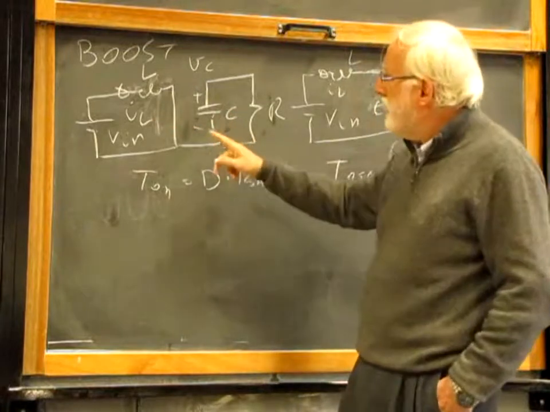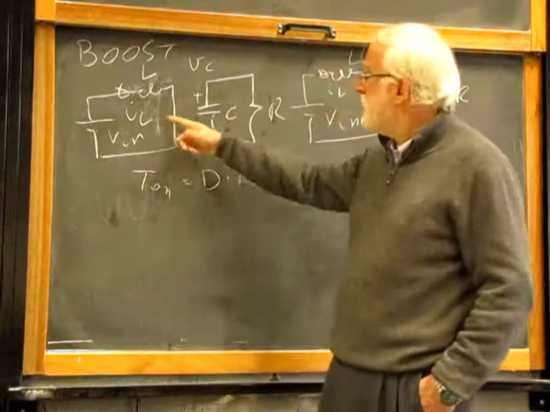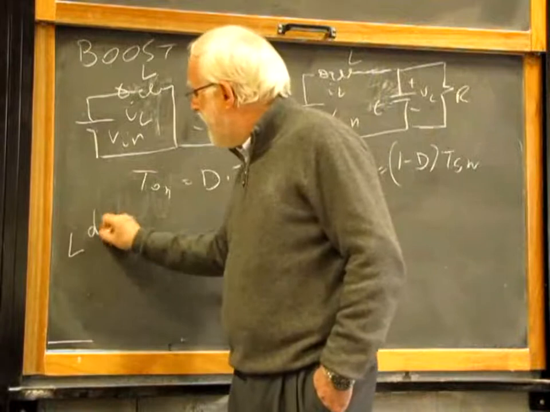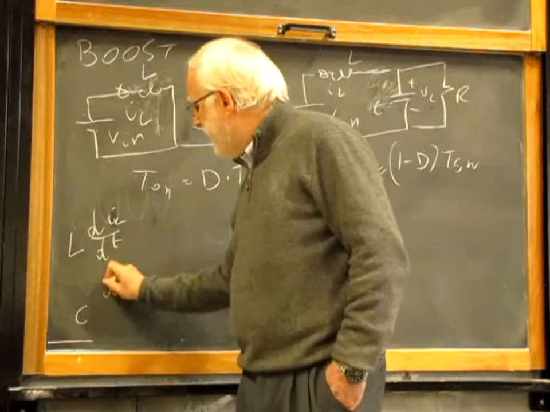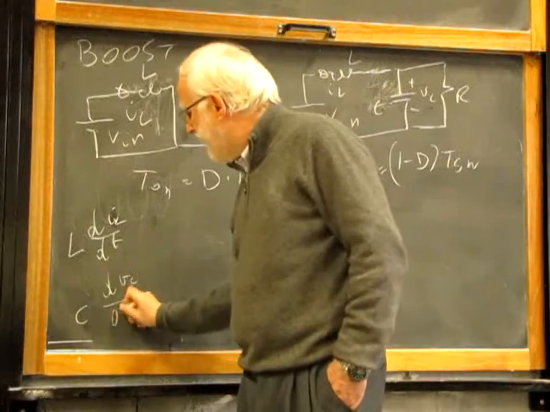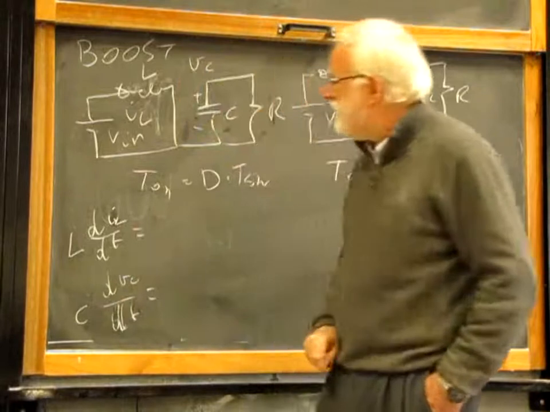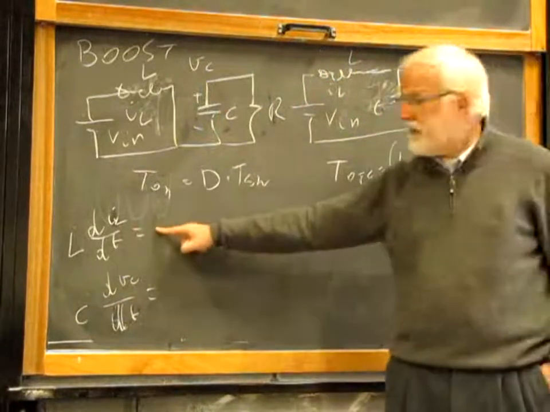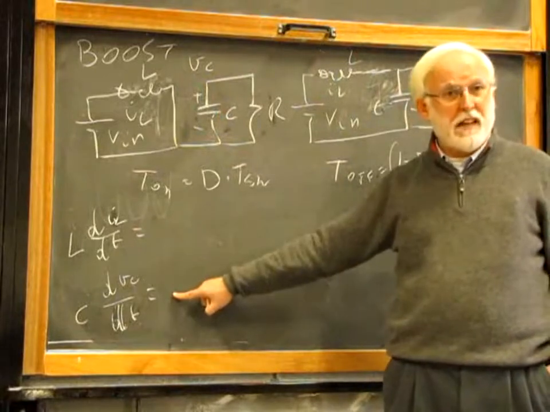That's easy because we have the standard way that I use to write down this equation: L dIL/dt here, and here C dVc/dt, equals, and then we have to write here the voltage across the inductance, and here the current through the capacitor.